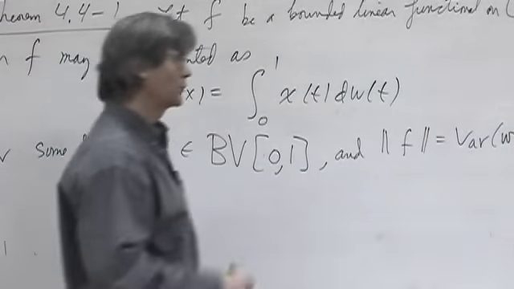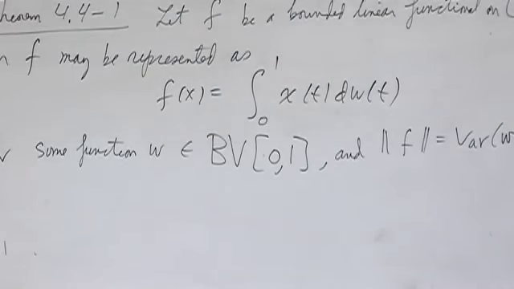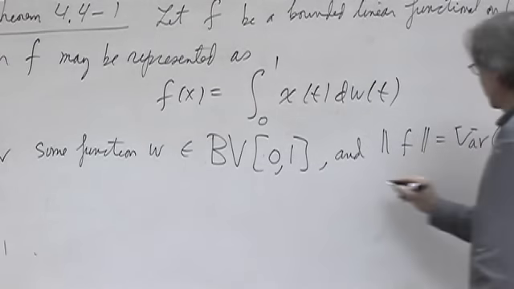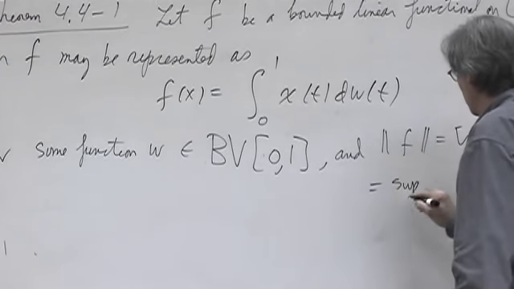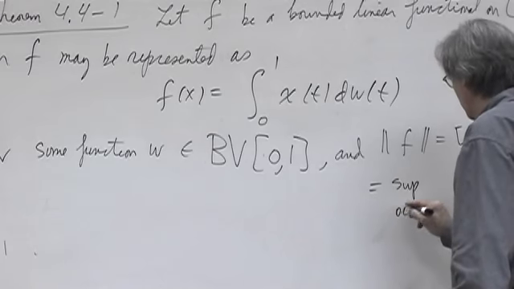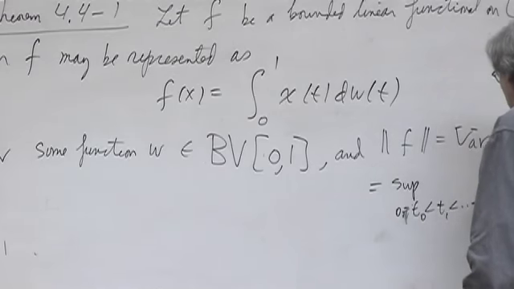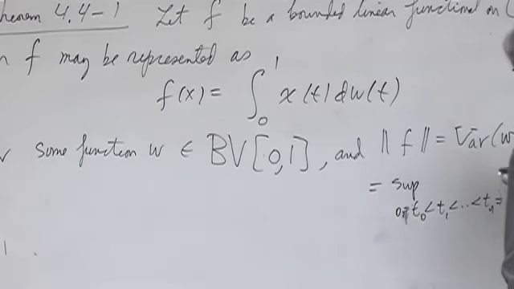The reason they call it the total variation is that you can talk about the variation up to a certain point. In other words, this was the supremum, over partitions 0 = t0 < t1 < ... < tn = 1, of the sum over j from 1 to n of |w(tj) minus w(tj-1)|.